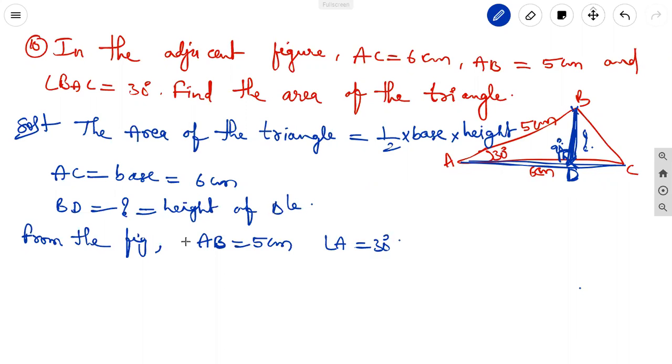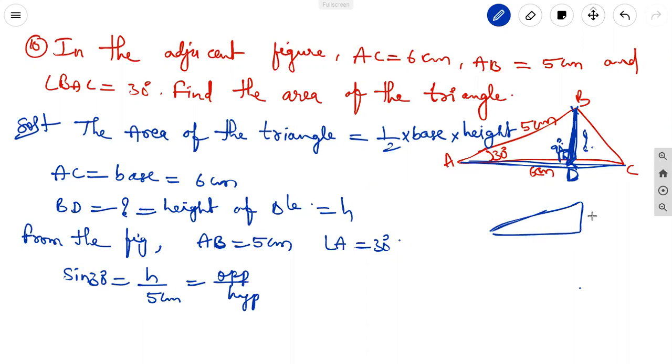We know that from the right angle triangle, sine 30 degrees is equal to, let the height be h, by 5 centimeter. That is opposite by hypotenuse. In the right angle triangle, this is the height, this is the hypotenuse 5 centimeter, and this is the 30 degrees.